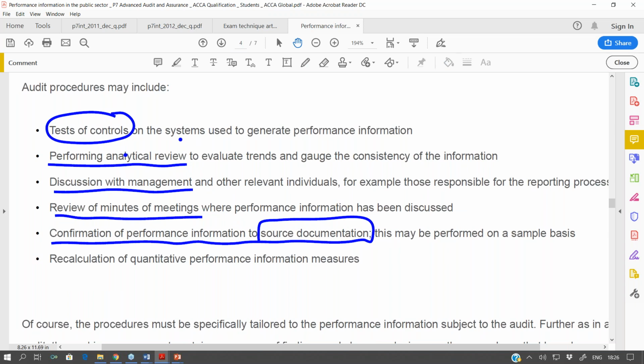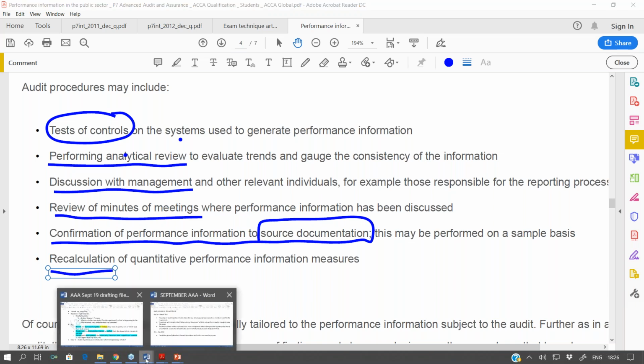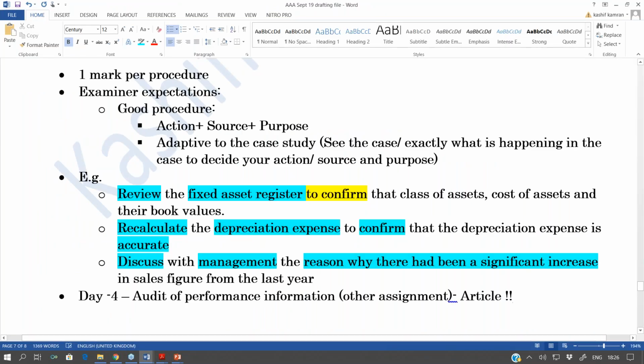Now see this list. Apart from test of controls, which is such a specific procedure to the topic performance information, can you look at the other five? Analytical review, discussion with management, minutes of the meeting, confirmation to the source document, and recalculation. So can we take this list to our Word file and think about what the procedures are?